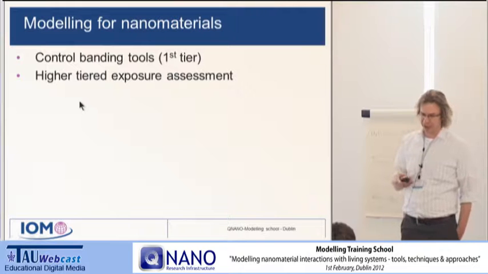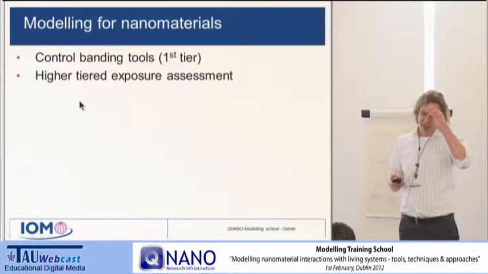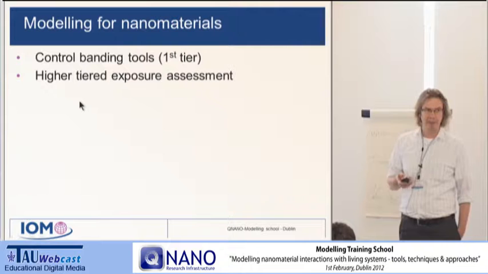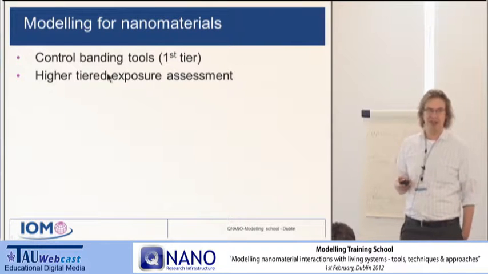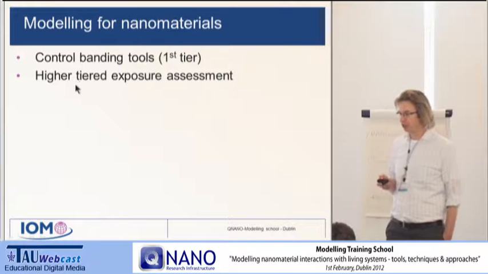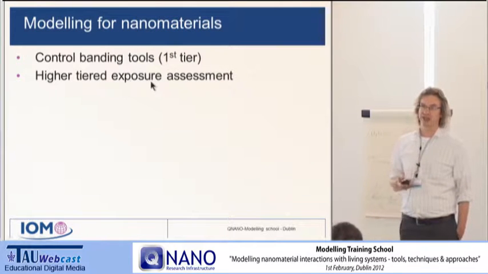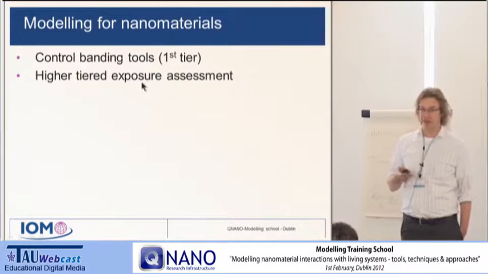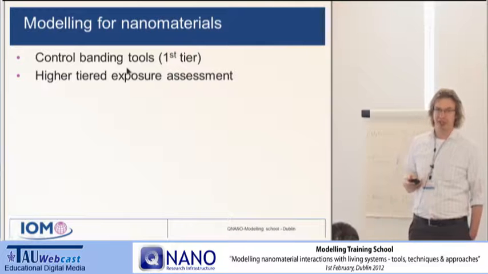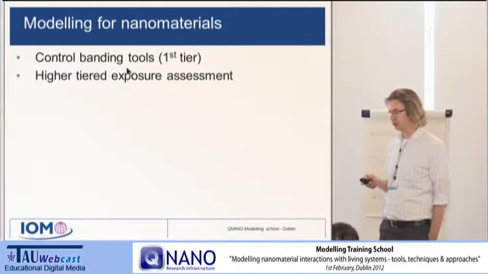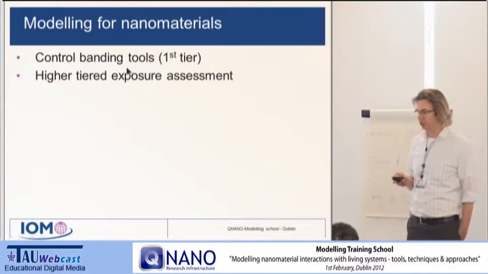It's using initially easy, simple tools to screen out areas where you think that exposures might not lead to a risk, and then concentrate on areas where you need more information on the exposure. For the first tier, you might be able to use things like control banding tools, and I will show you the Stoffenmanager Nano in a bit.